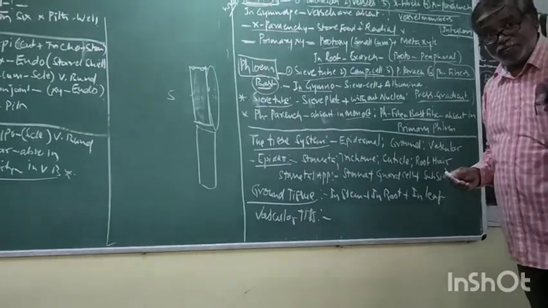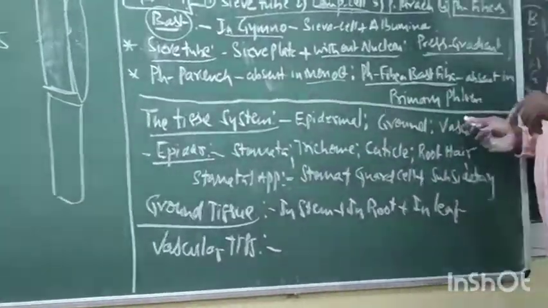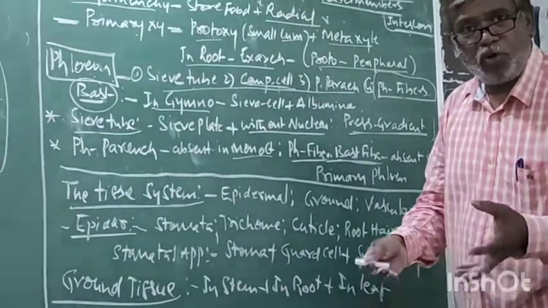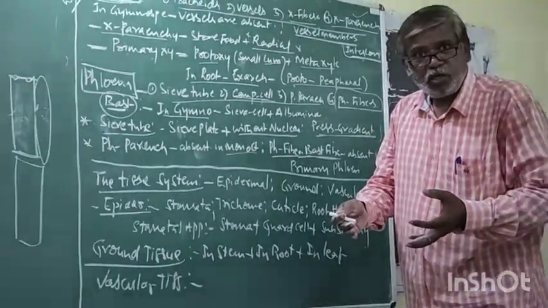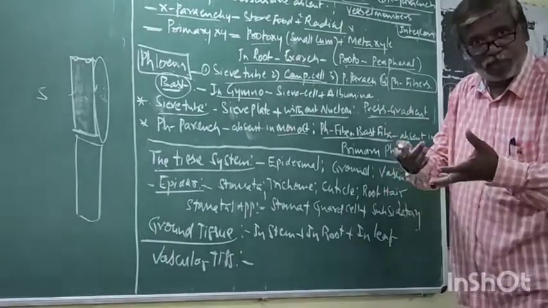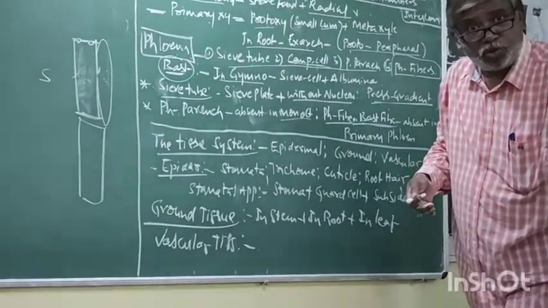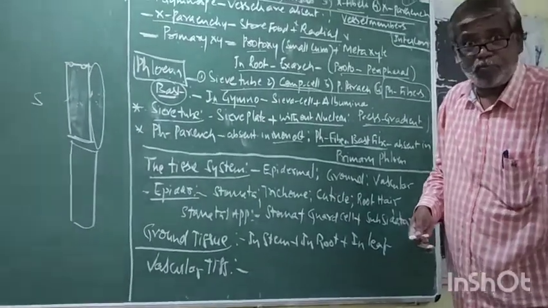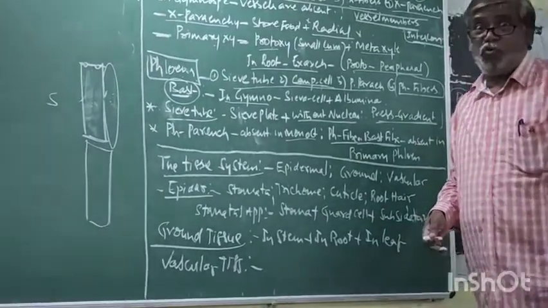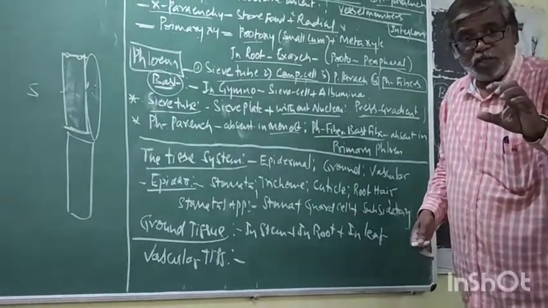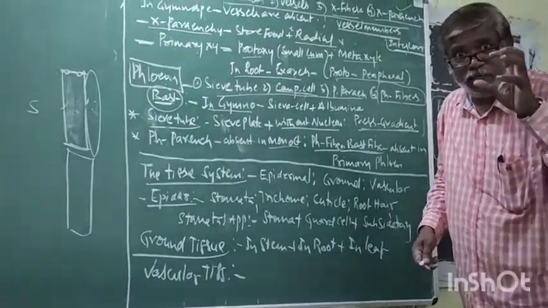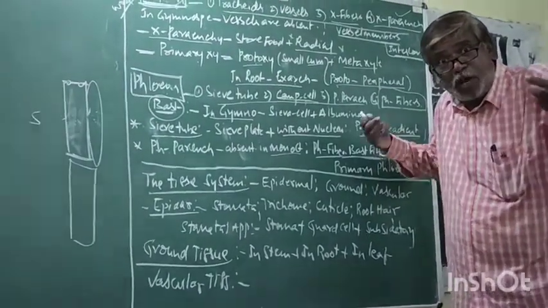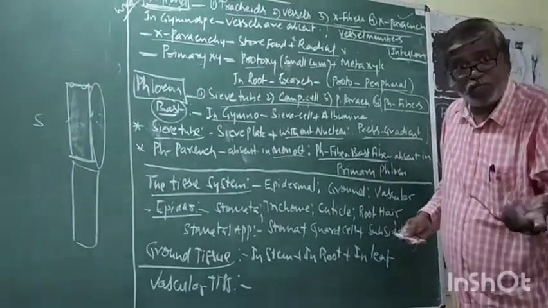Primary xylem, secondary xylem. Primary phloem, secondary phloem. What is the primary phloem? The phloem present by birth. But during secondary growth, the vascular cambium forms the secondary phloem and secondary xylem. In a young plant, it is primary phloem. In an old dicot plant, secondary phloem is also there.